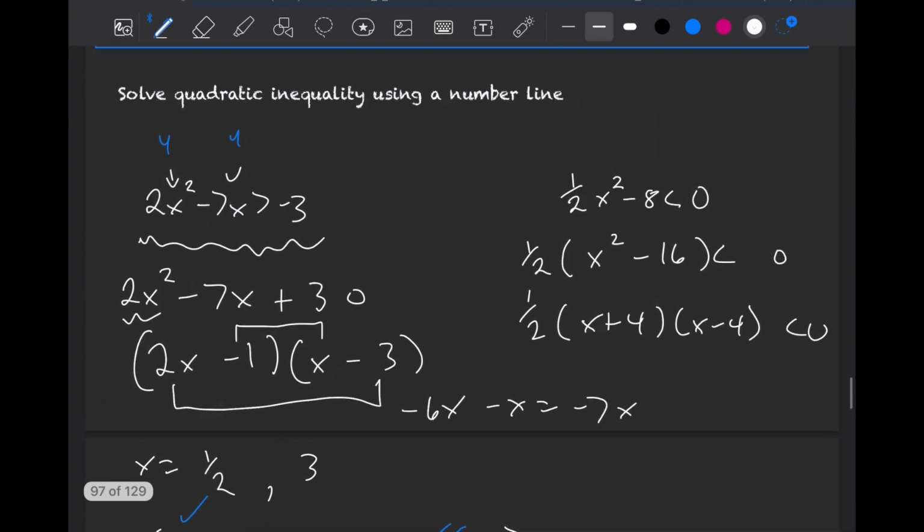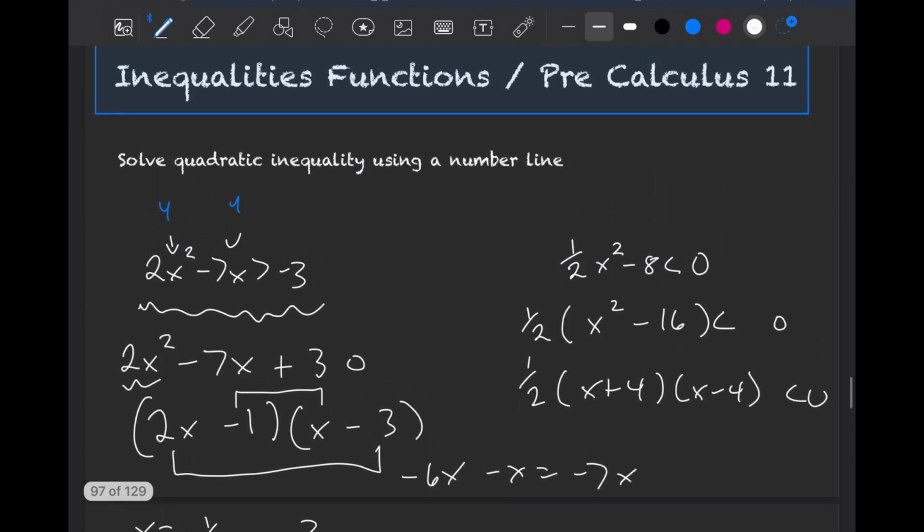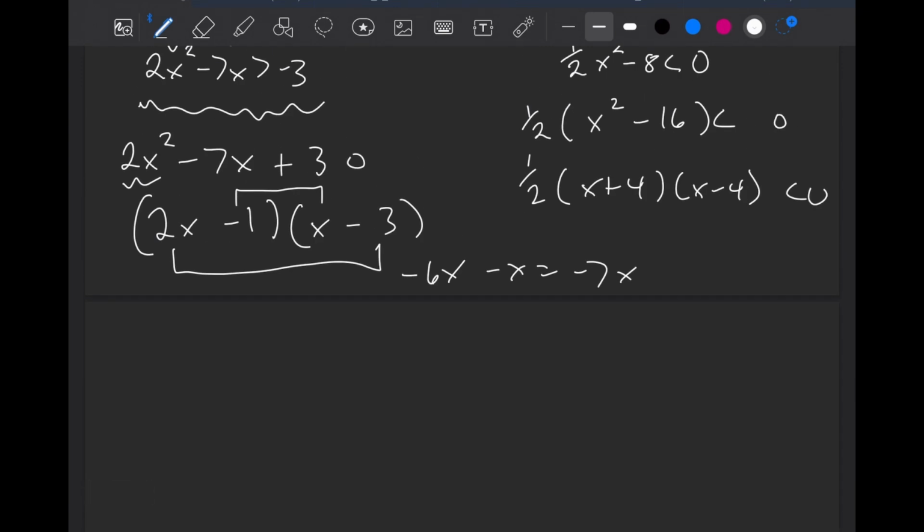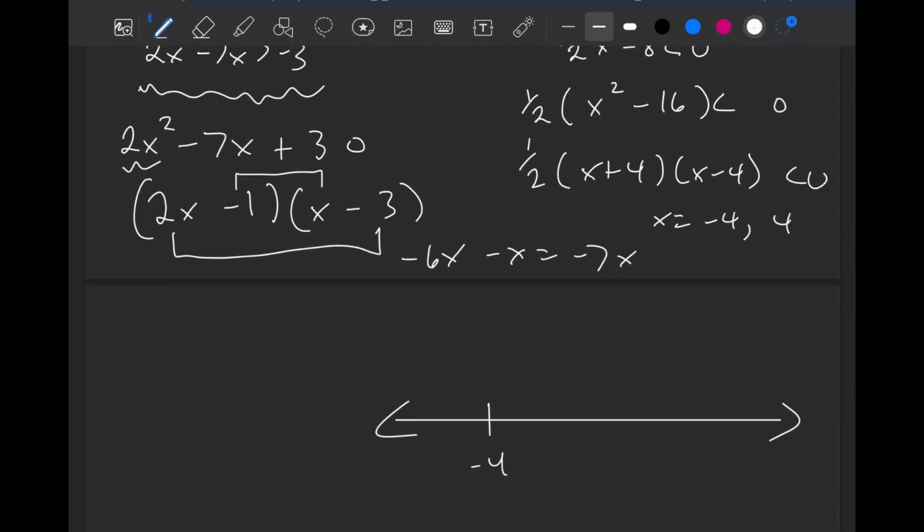And then I'm just going to make another page and another number line. The critical points here would be 4 and negative 4. And then again, I'm just going to check around the intervals.